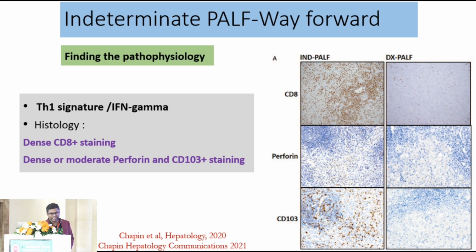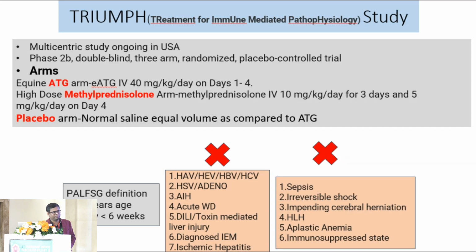So based on this data and the concept of indeterminate acute liver failure being cell-mediated, immunity-mediated, this trial is ongoing, and most likely the results are expected by the end of 2026. It is a multicentric trial ongoing in the USA. All the indeterminate cases will be included. Diagnosed A, E, B, C, HSV, AIH, Wilson, drug-induced liver injury and diagnosed IEM will be excluded.